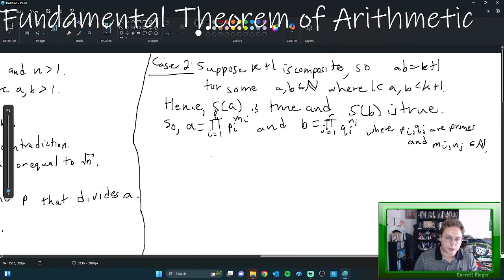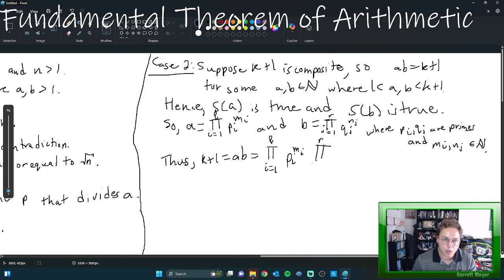So what we're going to do is multiply these prime factorizations together, and this is going to show us that k plus 1 equals AB, which means that it equals this product. So, since these are both products of primes, their product is a product of two products of primes. It's all a product of primes. So, S of k plus 1 is true.